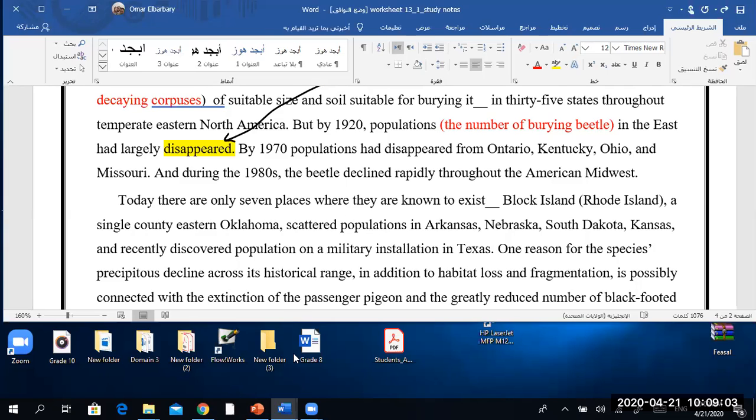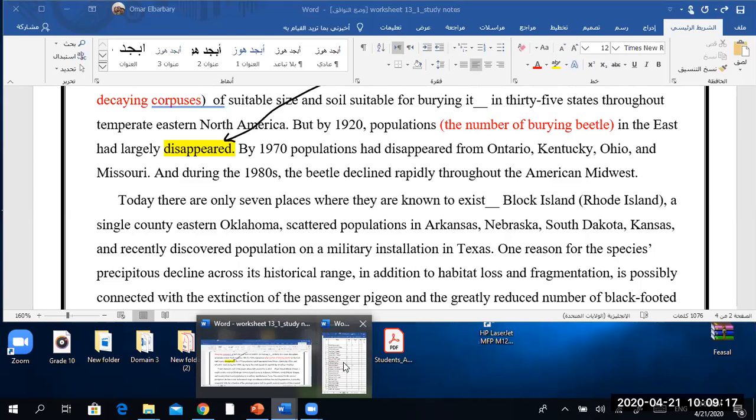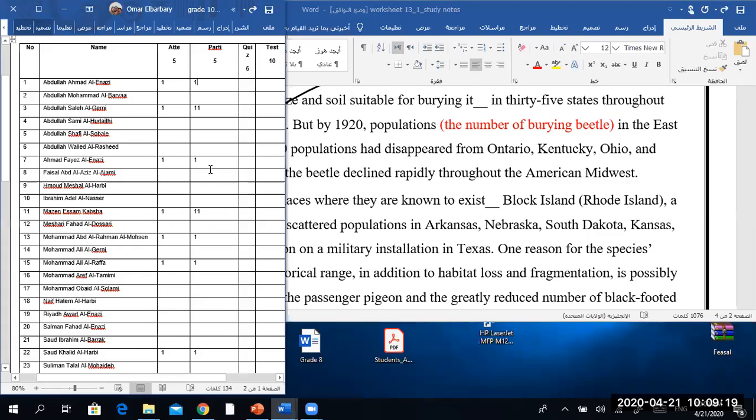Can somebody put his hand up if he knows the answer? By. What does "by" here in this context mean? Yes, Mazen. In this year, in 1970. No, I'm afraid no. Thank you for your participation. Even if you got it wrong, I'm going to give you a credit for that, Mazen.